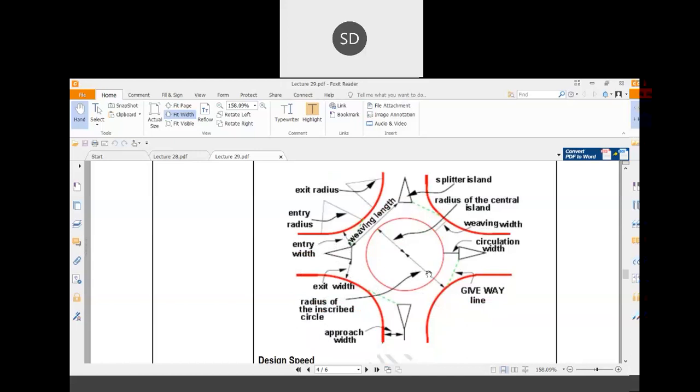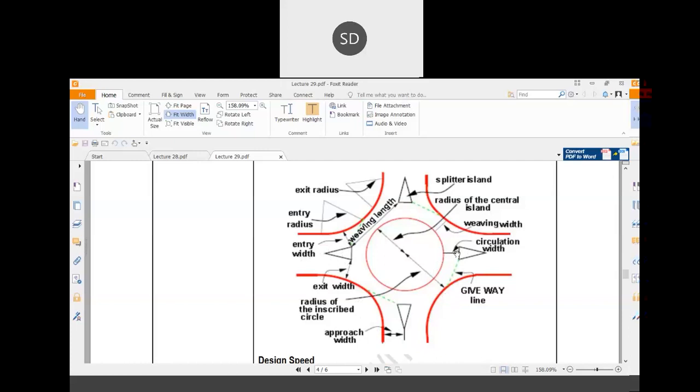Then this is the radius of your central island. Then this is the approach width. So basically this is your exit width and this is the approach width. After that, at the starting point of your channelizing island, that particular portion is your approach width, this particular portion is the give way line, and this is the circulation width.